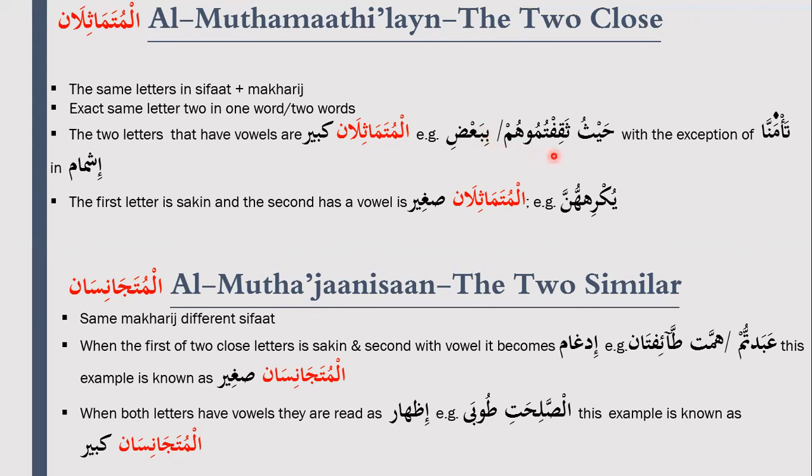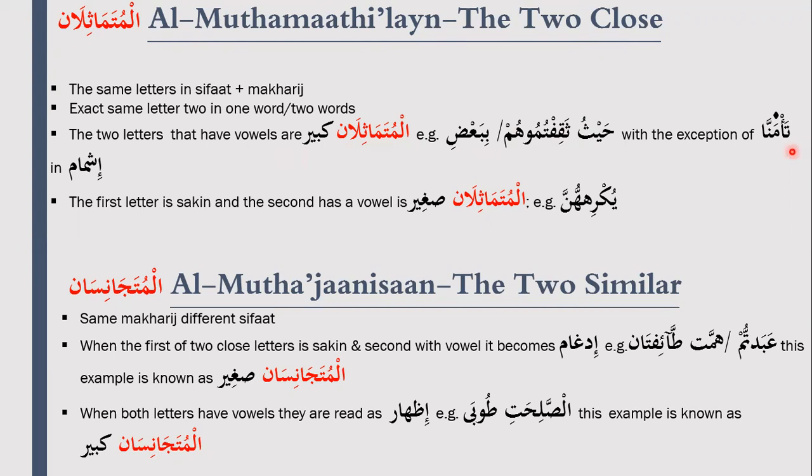In the second example, it comes between 2 words: haythu thaqiftumuhum. The first tha comes with a dhamma, the second tha comes with a fatha. It is the exact same letter reoccurring, called al-muthamathilan kabir.